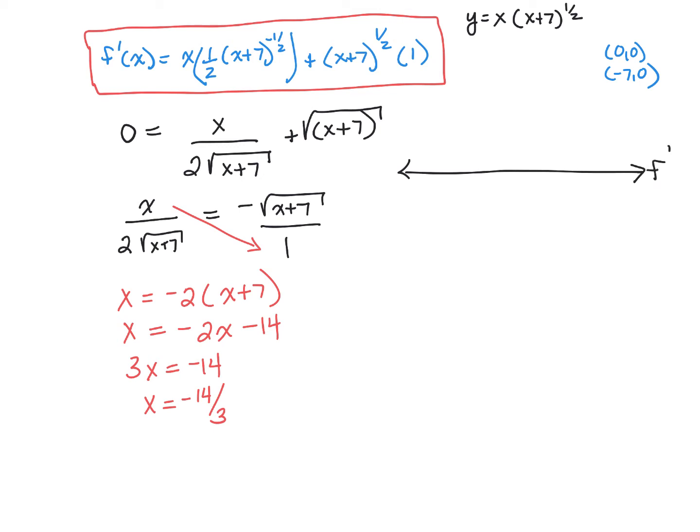Putting this on a line chart for our first derivative, we know that the function is defined at -7, but not to the left of that. -14/3 is approximately -4.7.